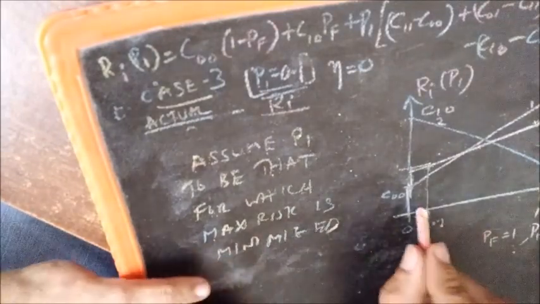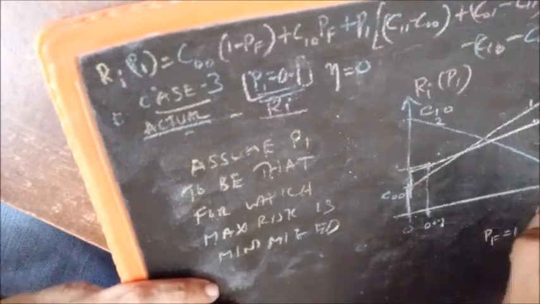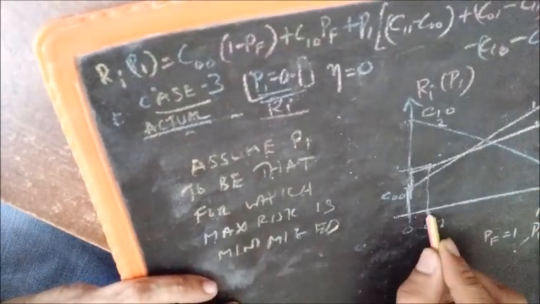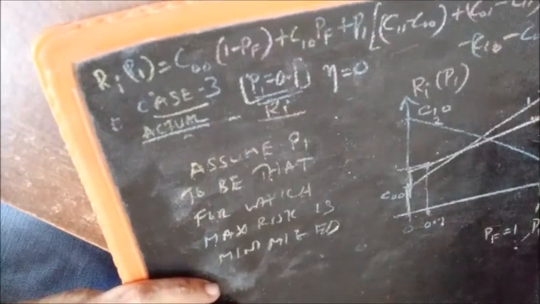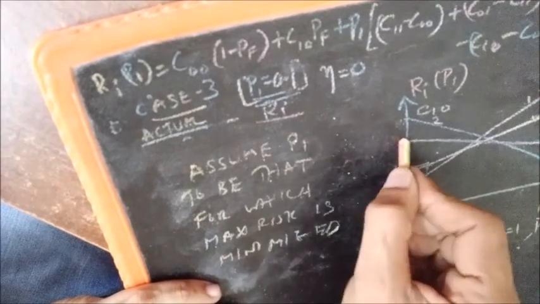So you can see here that if you assume P1 to be 0, this is the maximum risk. If you assume P1 to be 1, this is the maximum risk. If you assume P1 to be 0.1, something like this is the maximum risk. If you had assumed P1 to be 0.9, something like this would have been the maximum risk.